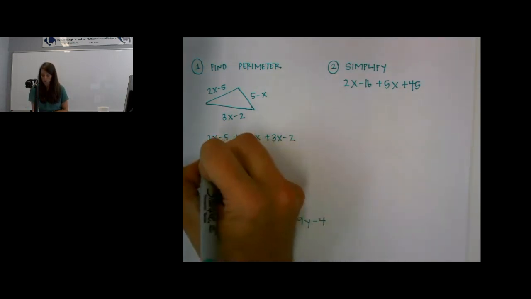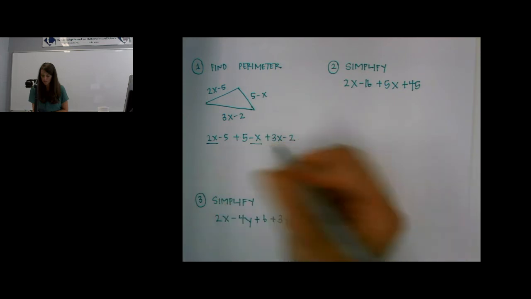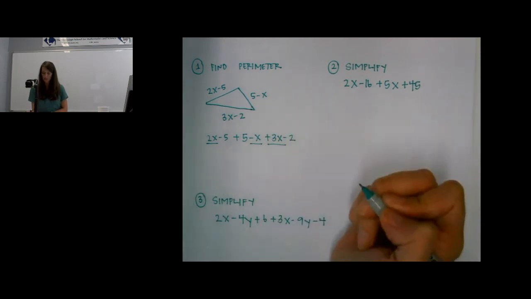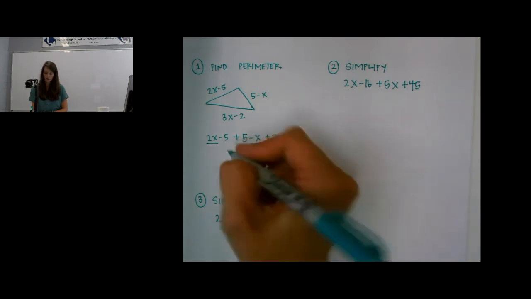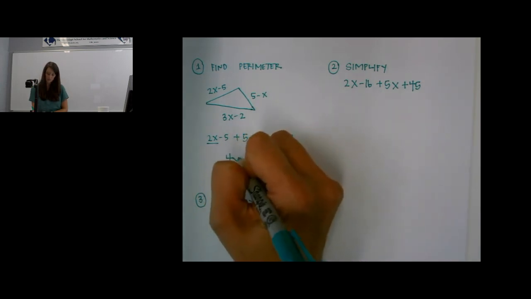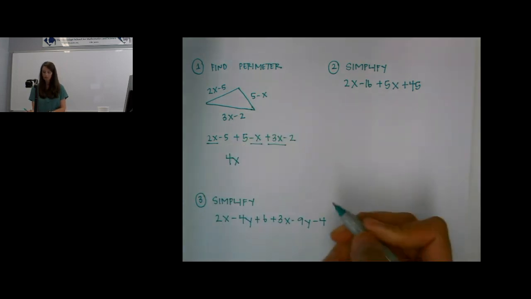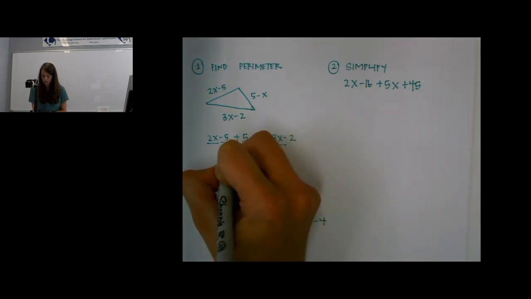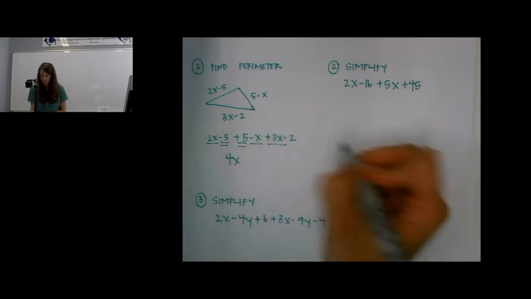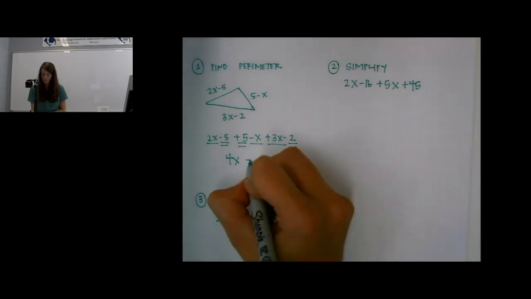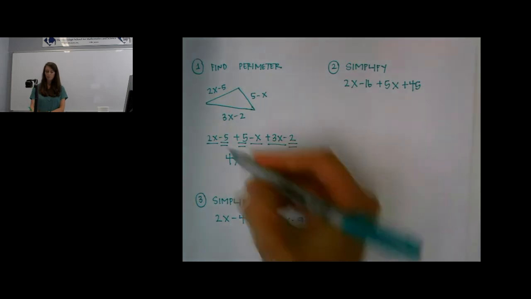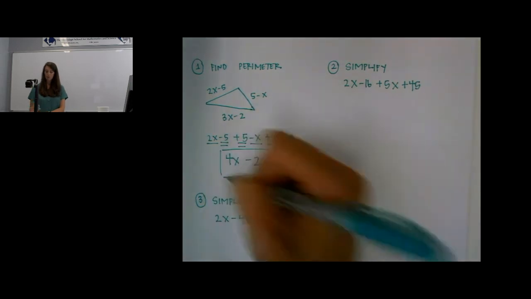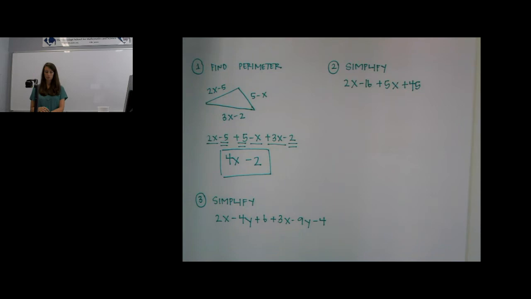So 2x minus x plus 3x: 2 minus 1 is 1, 1 plus 3 is 4x. Then I'm going to combine my constants. Negative 5 plus 5 is 0. So this is going to be minus 2. The perimeter of this figure is 4x minus 2.